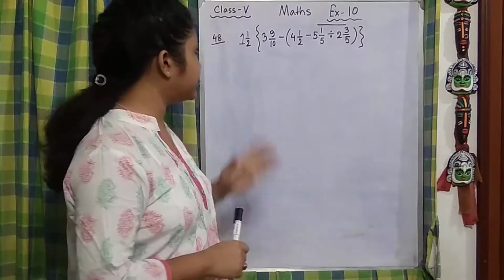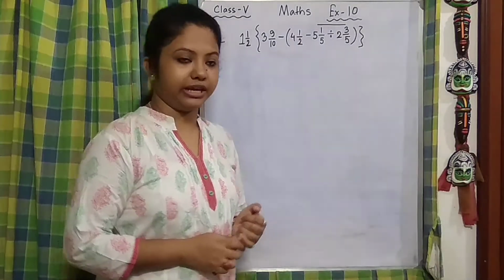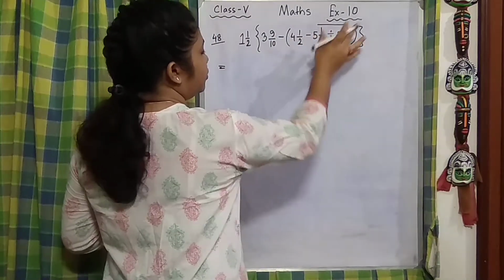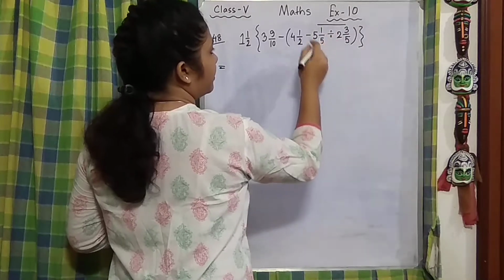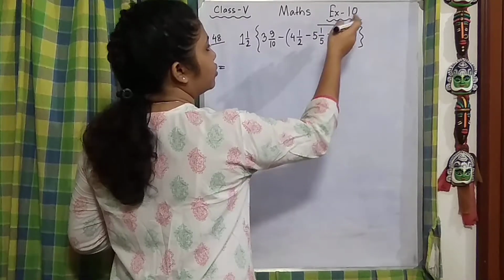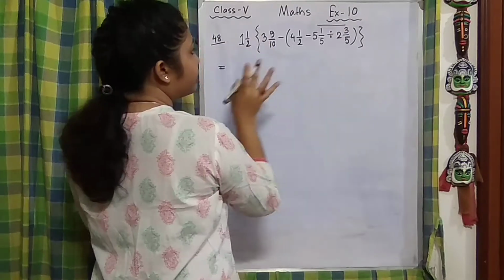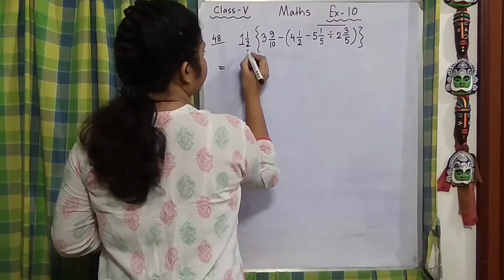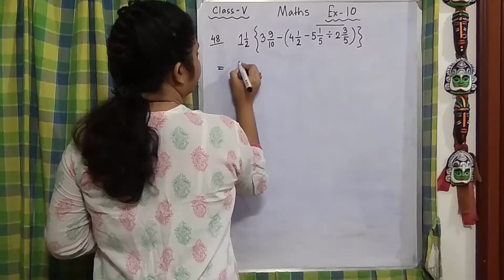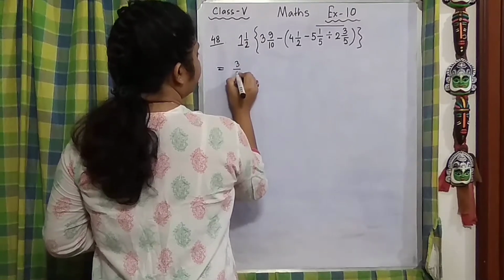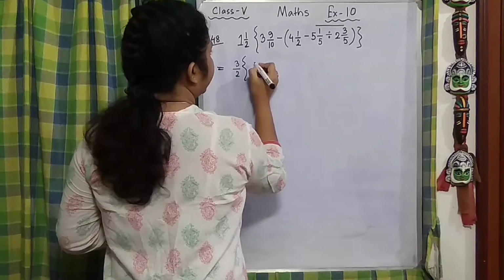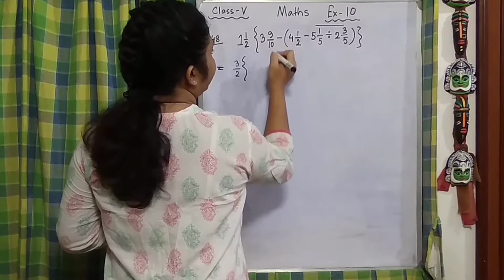Now coming to the next one, that is sum number 48. So here also there is a vinculum over 5 whole 1 by 5 divided by 2 whole 3 by 5. So first thing first, we are going to convert all these mixed fractions into their improper form first. So 2 1s are 2 plus 1, 3 by 2 divided, within the second bracket there is 3 whole 9 by 10.